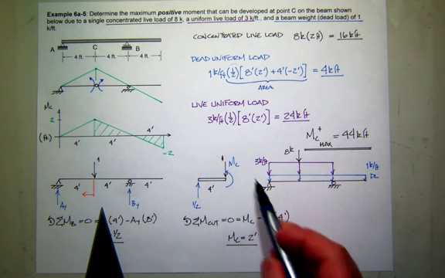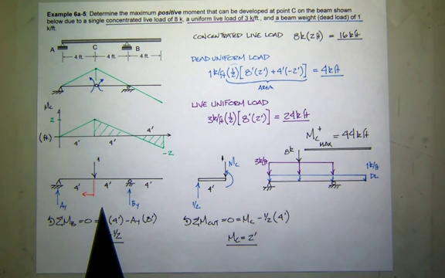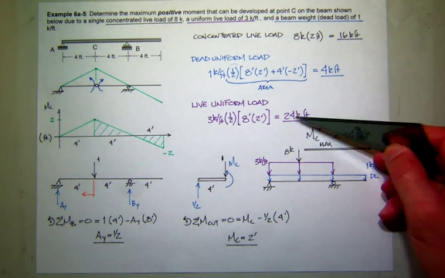So this loading configuration generates that positive moment at C. And that's 44 just because you added up some of those? I added up all the components. Everything is linear, so we can just superimpose the effects. Okay.